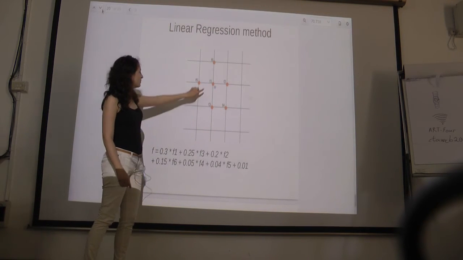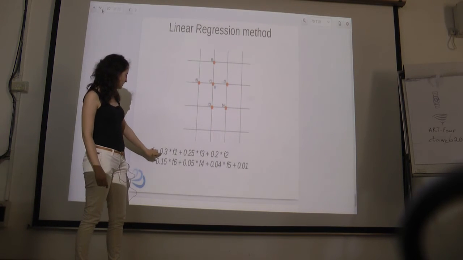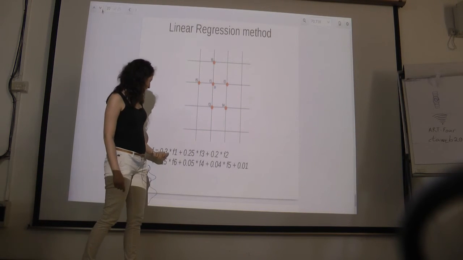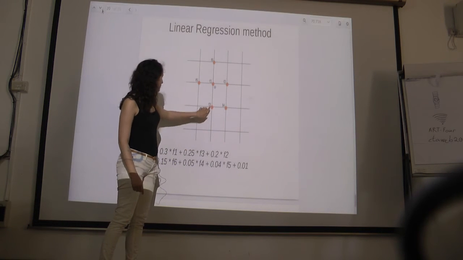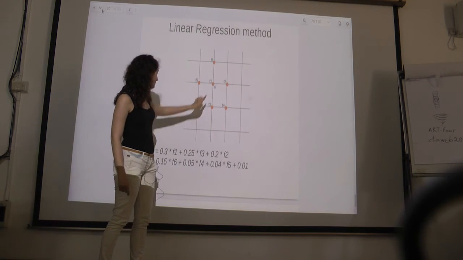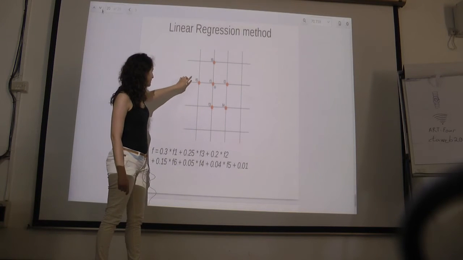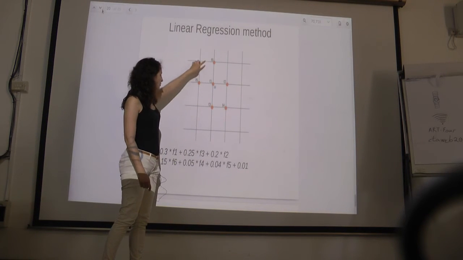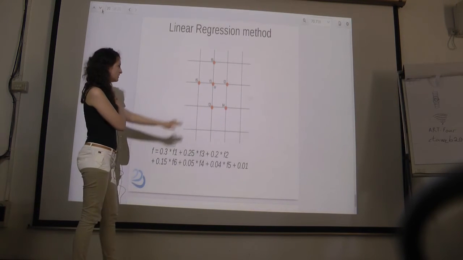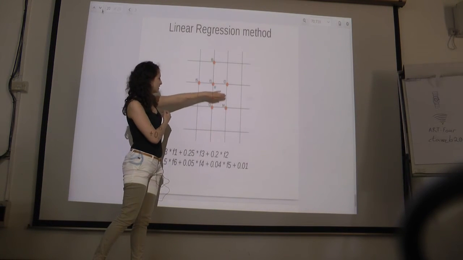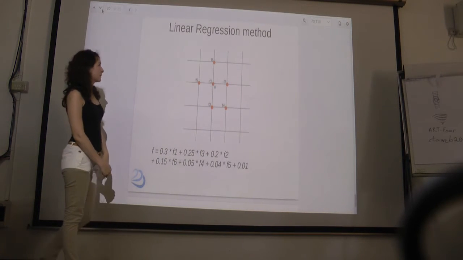Here you can see that this point gets the highest weight, but then it's this point and this point, and then it's these points that are more important than the point that is still in the grid cell that contains your observation.